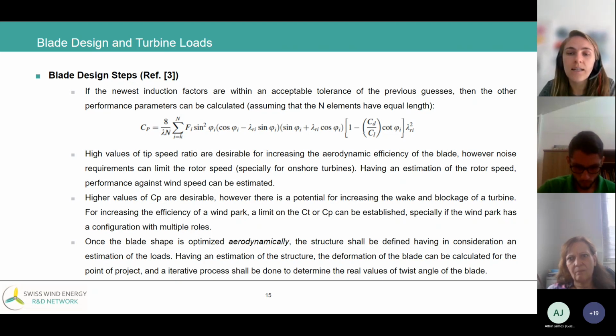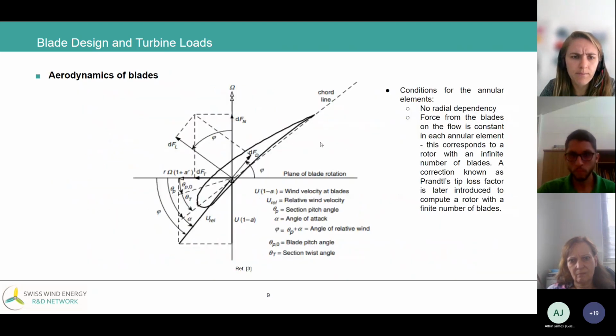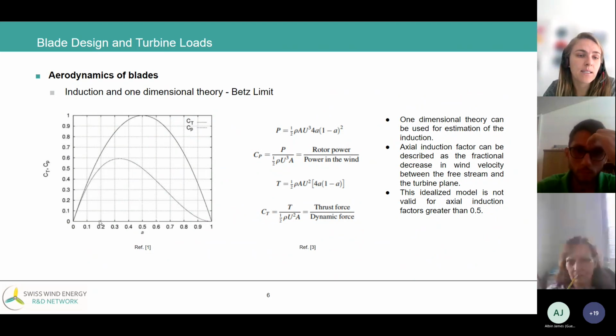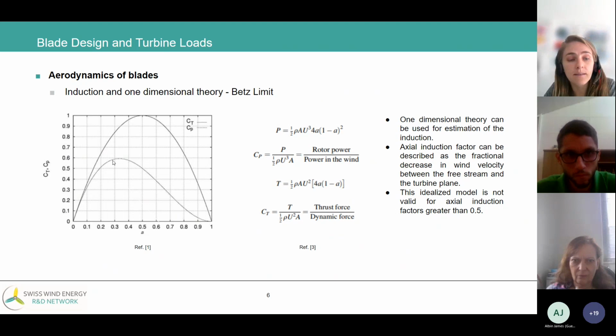So these values that I presented here for induction are a theoretical limit. This is Betz's limit, and we look at how close we are to Betz's limit using the actual induction, and how the coefficient changes with actual induction.